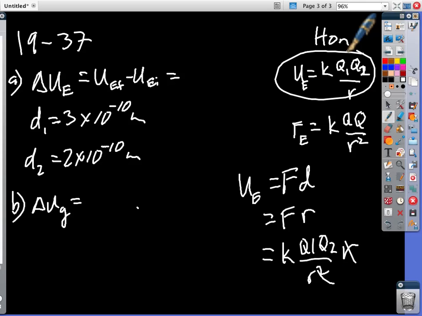And do they give us charges? Oh, two electrons. Since they're both electrons, their charge is going to be the same. So it's going to be K Q squared times 1 over D2 minus 1 over D1.